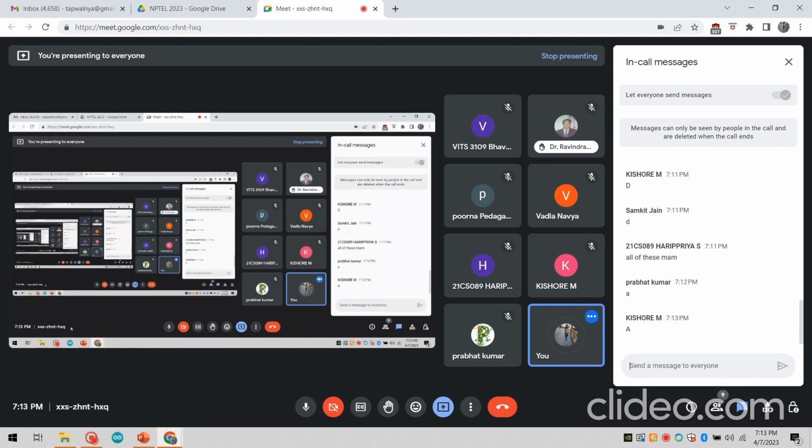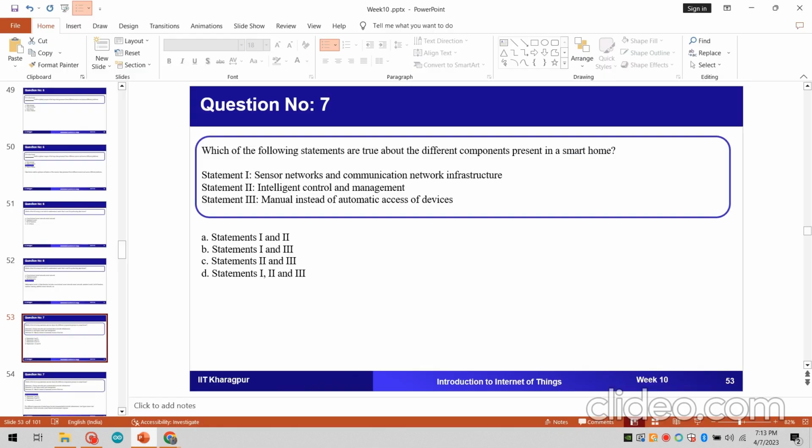Anyone else? Which of the following statements are true about different components present in smart home? Statement 1 is saying smart network and communication network infrastructure is there in your smart home. Statement 2 is saying that there is intelligent control and management.